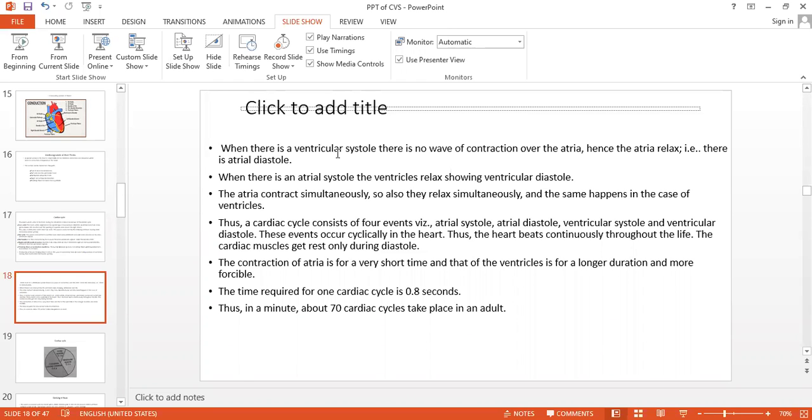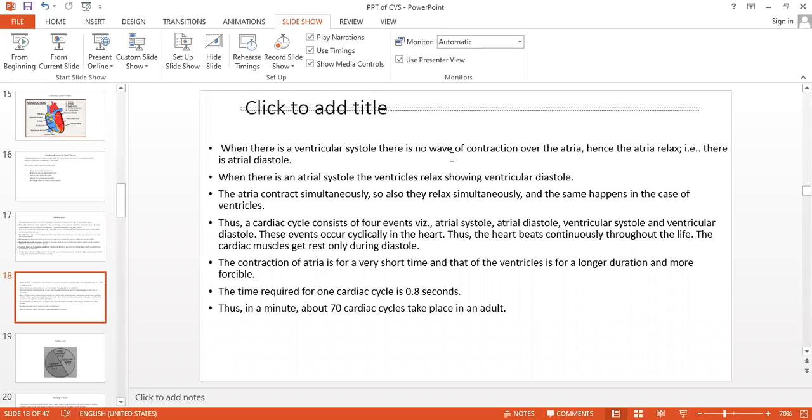When there is ventricular systole, there is no wave of contraction over the atria. Means when the ventricle contracts, the atria will get relaxed at that time only. Hence, there is an atrial diastole. At a time, the impulse will not generate. So, when there is a ventricular systole, there is an atrial diastole.